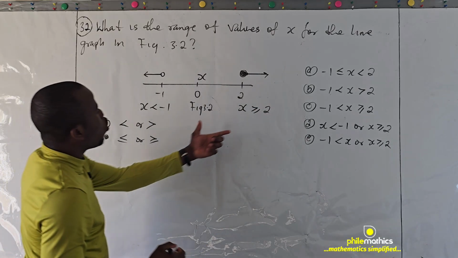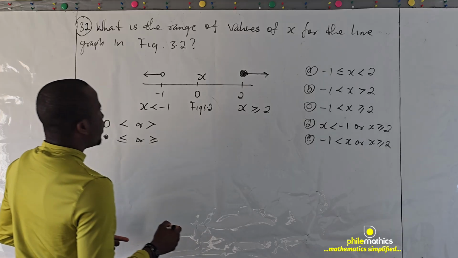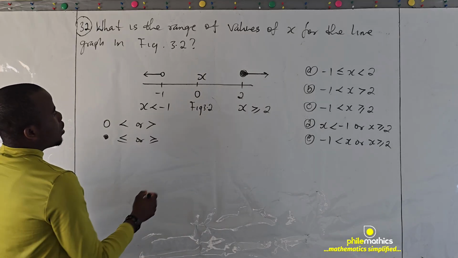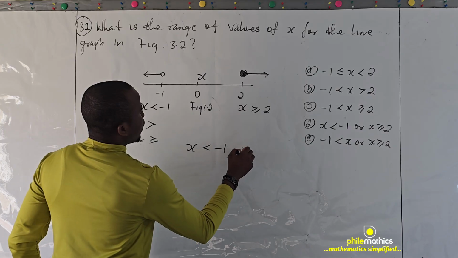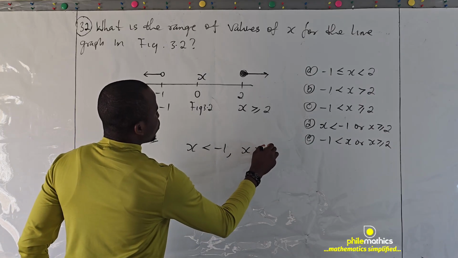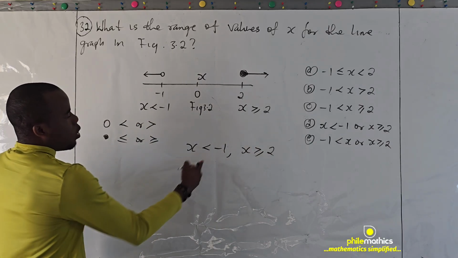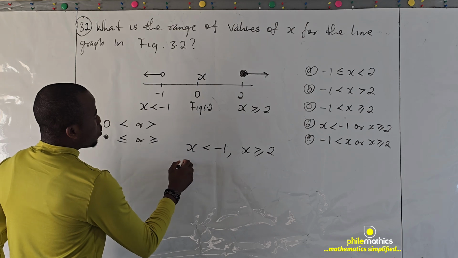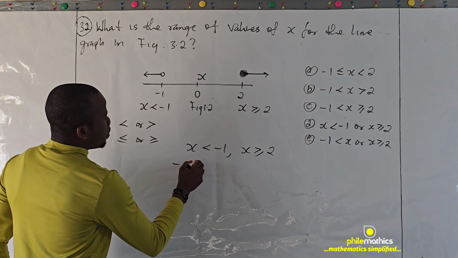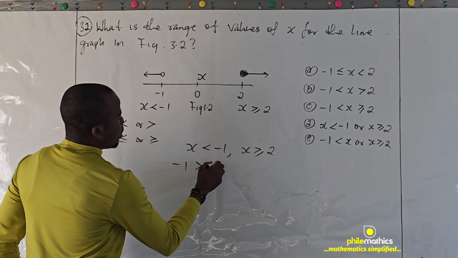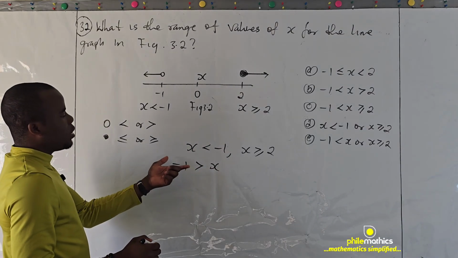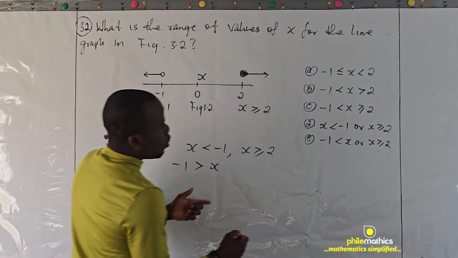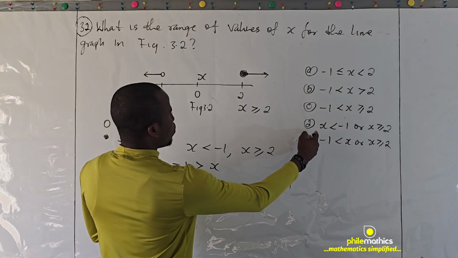And so for us to combine both of them, it means x is less than minus 1 and x is greater than or equal to 2. Another way of doing this is saying minus 1 is greater than x, because if x is less than minus 1, that means minus 1 is greater than x. But we can always see the option here, which is D.